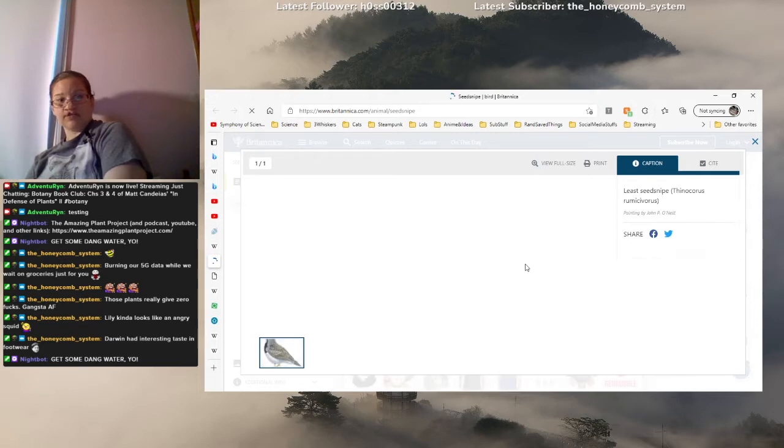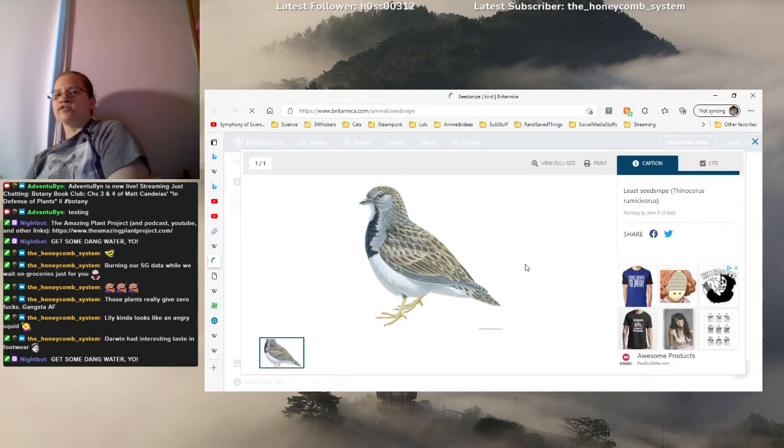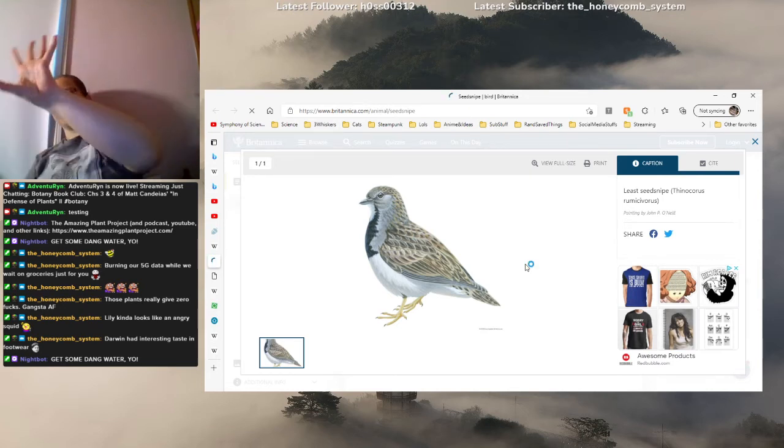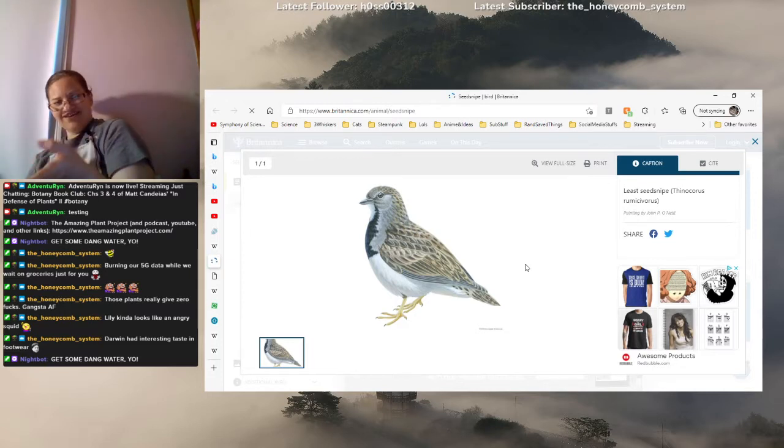Again, if it ever decides it actually wants to load. There we go. Okay. Bird. And in the process of numbing the white bit, bird ends up with pollen stuck to their head.